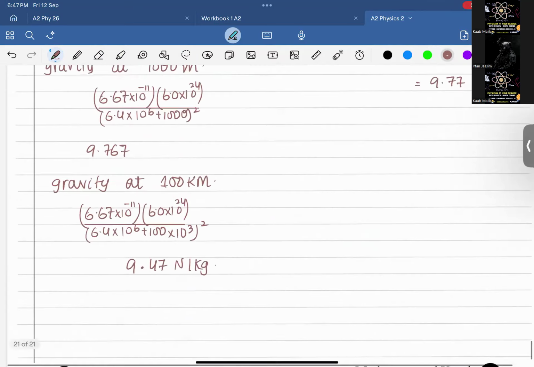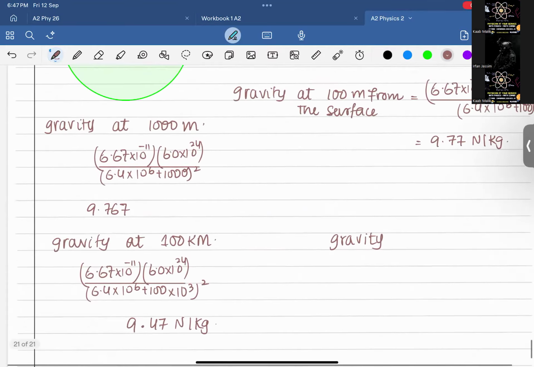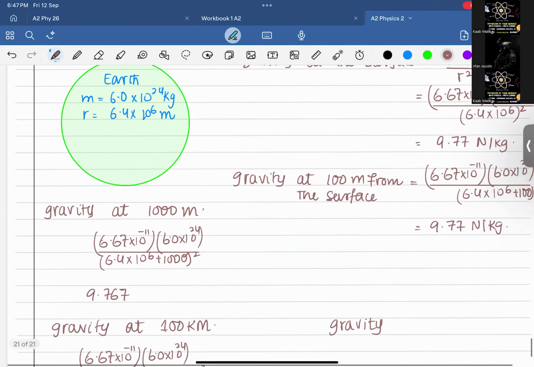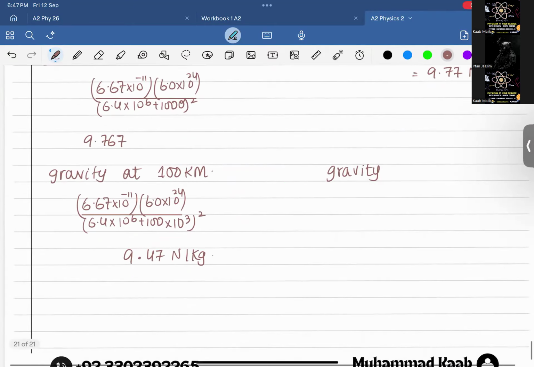Yes, it is decreasing, right? Because we are moving further away, and it is decreasing according to the inverse square law. Near the planet it is not decreasing that much, but as you increase the distance, it changes more.